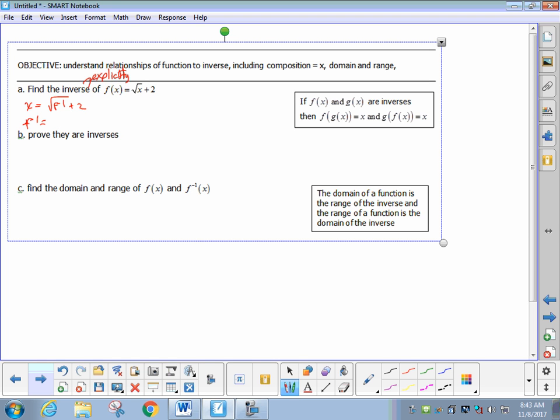So what is F inverse? x minus 2 quantity squared. Okay, x minus 2 quantity squared.